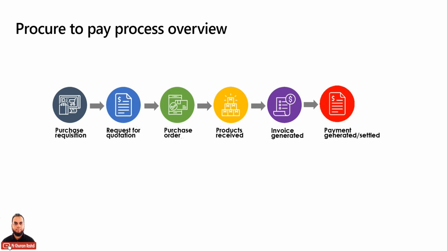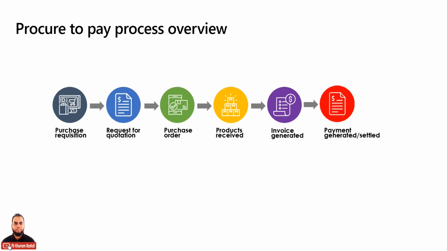If that is not the case, the normal transparent process is that a request for quotation is generated and then sent to the vendor, in D365 through the vendor collaboration module or portal, and the vendor can bid against that RFQ raised in the legal entity.